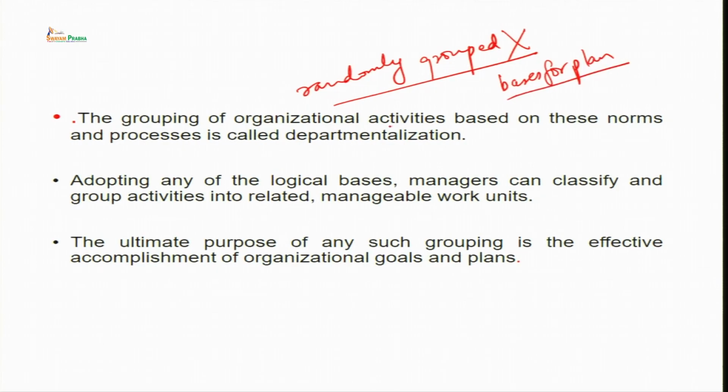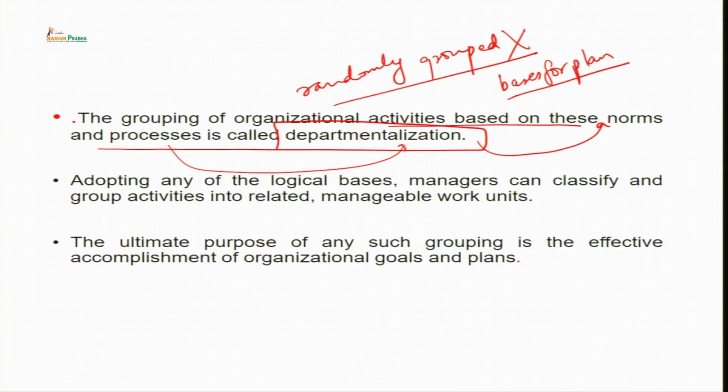The grouping of organizational activities is based on norms and processes, and this is called departmentalization. Adopting any of the logical bases, managers can classify and group activities into related and manageable work units. The ultimate purpose of such grouping is effective accomplishment of organizational goals and plans.